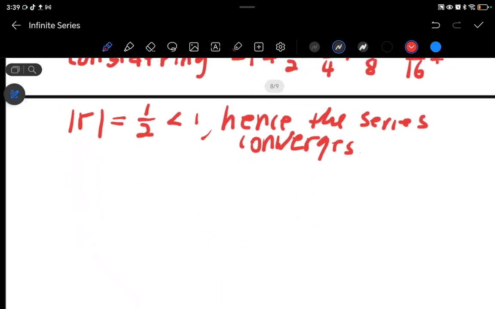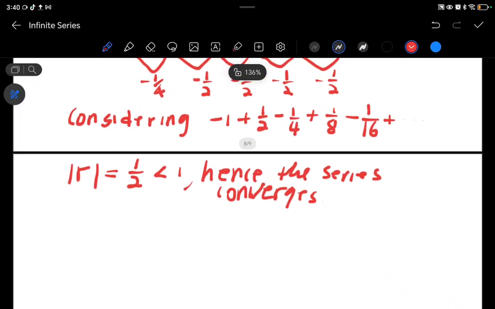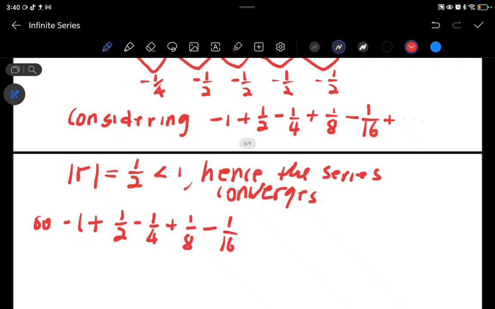So now we'll take this and name it. We'll say minus 1 plus 1 over 2, 1 over 4 plus 1 over 8, plus 1 over 16, plus, and so on.